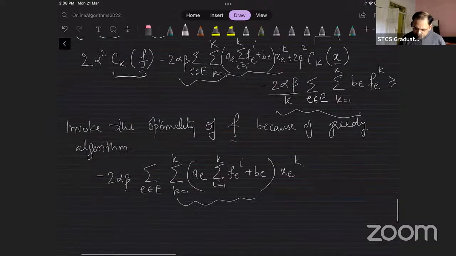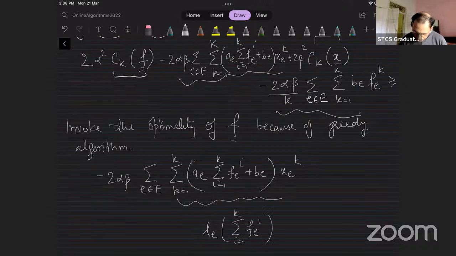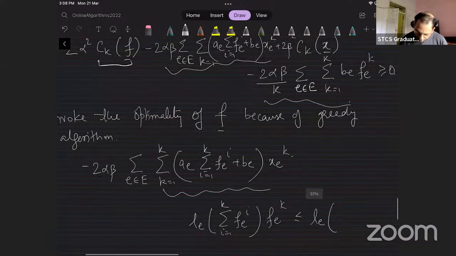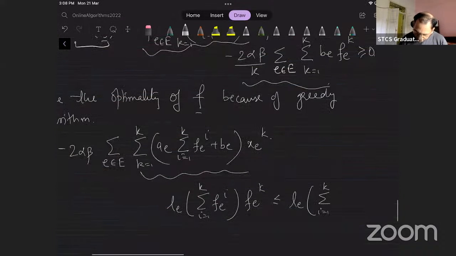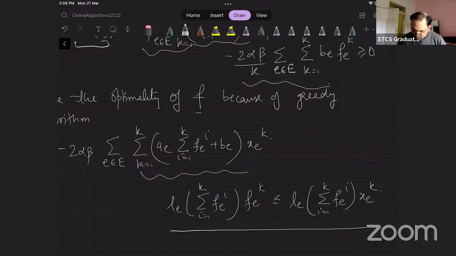So we did something earlier by invoking the optimality. What was that? If you remember, summation over e of the sum of f_e^i going from 1 through k times f_e^k was less than or equal to the summation over e of f_e, x_e^k. Do people remember this? So this we said from the optimality condition.